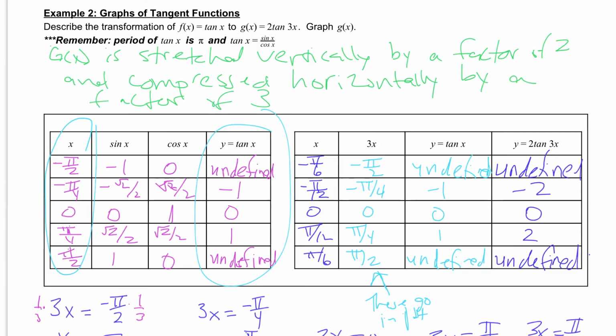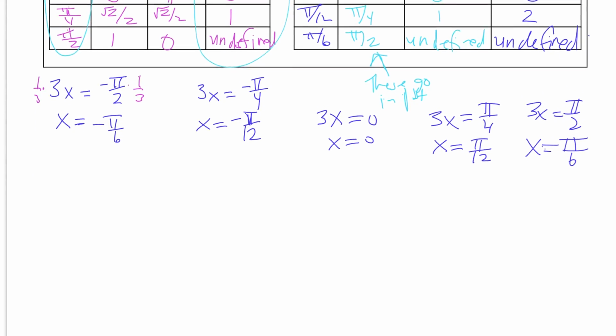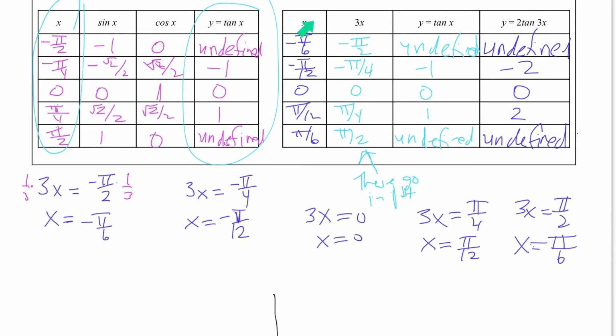So let's go graph this below. Taking a look at our table, we'll kind of go back and forth so we have some room here. So let's draw out a graph for ourselves. And we'll label it. If we check back up here, we are going from negative pi over 6, negative pi over 12, 0, pi over 12, and pi over 6.